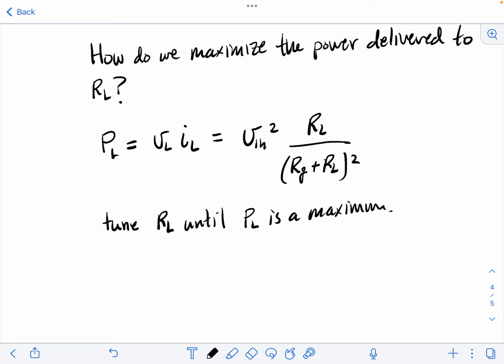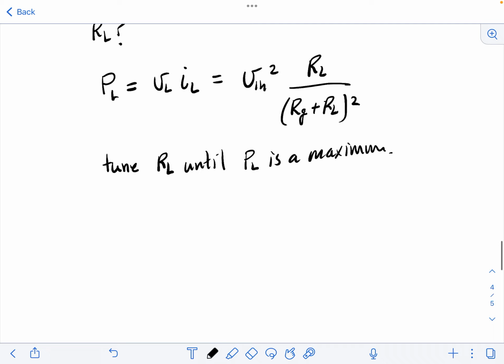So we know how to do that mathematically. We're going to take the derivative of PL with respect to RL and set that equal to 0. So we want the derivative of the power with respect to RL to be equal to 0. This derivative is not too difficult to evaluate. We have to use product rule and maybe quotient rule.